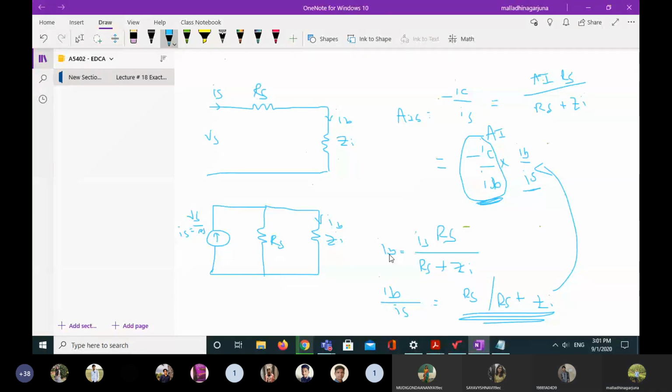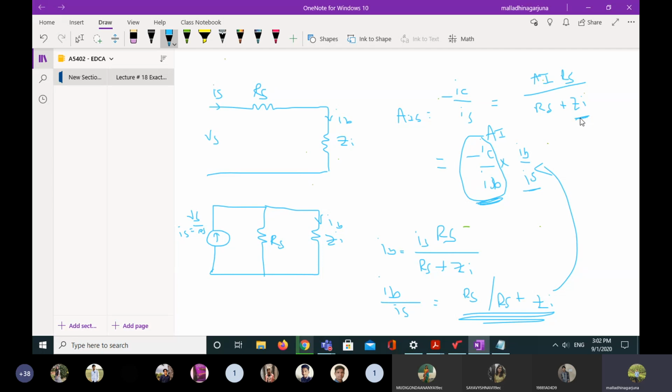I'm not taking ZI completely in that form. ZI itself is HIE plus HR into A into ZL. If I take that much of the equation, it becomes complex, so I cut it short and just write ZI simply.